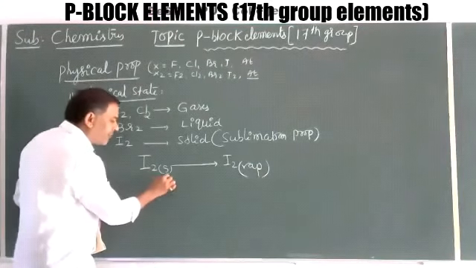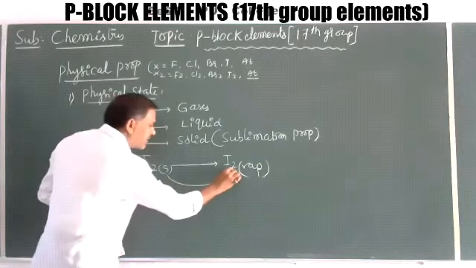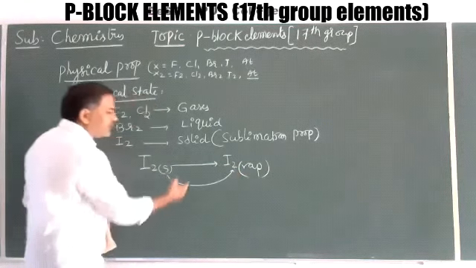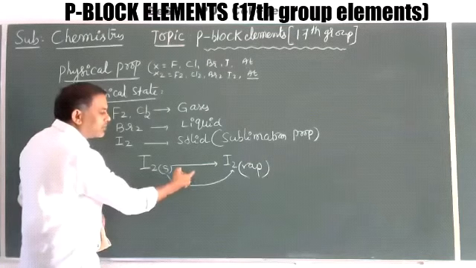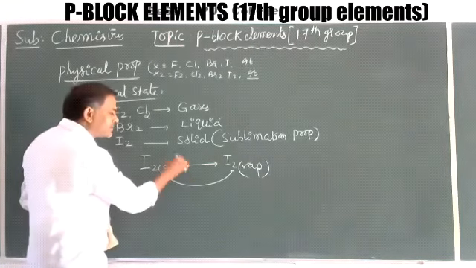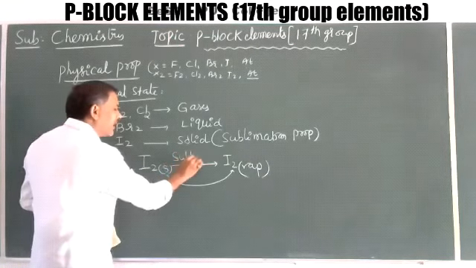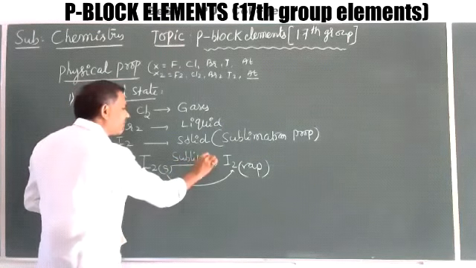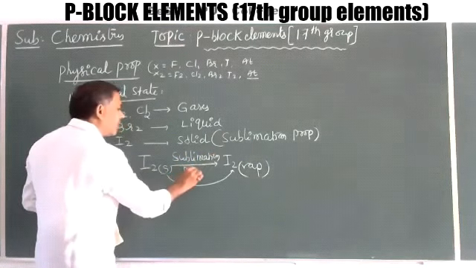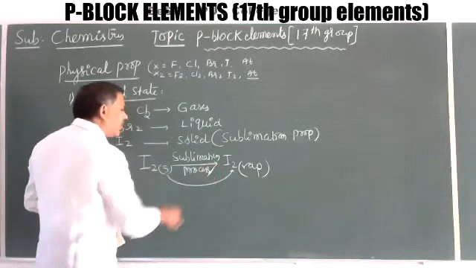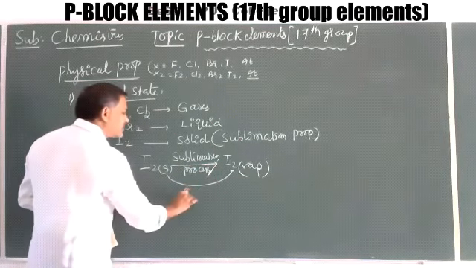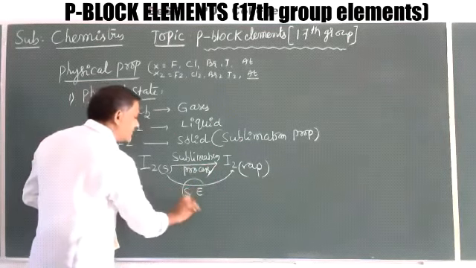Direct conversion of solid to gas, or solid to vapors, without converting into a liquid, that process is called the sublimation process, and the amount of energy required for the process is called the sublimation energy.